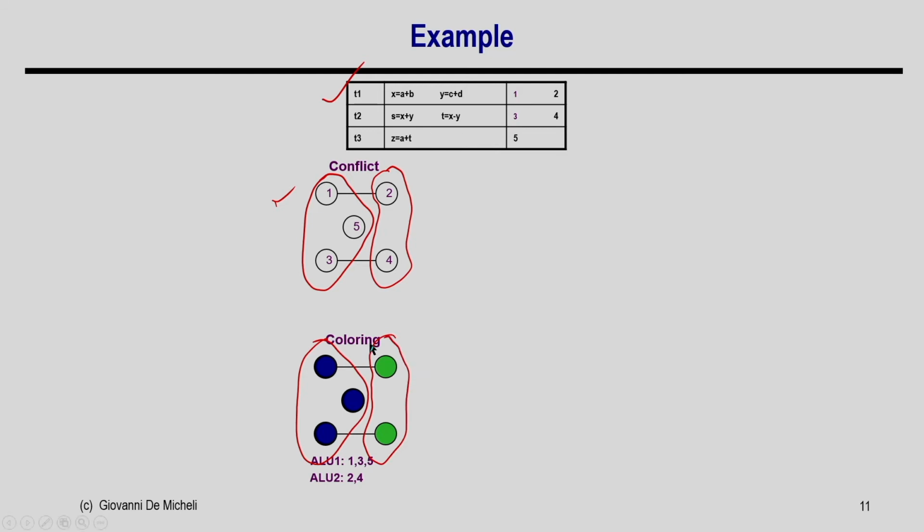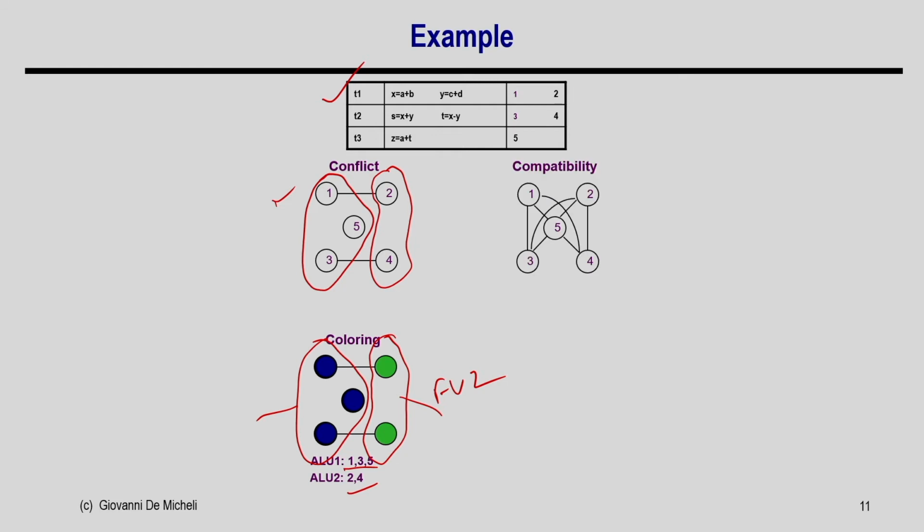So, what does it mean? This is one FU, this is one FU. So, this is FU 1 where operations 1, 3 and 5 are going to execute, and this is FU 2 in which operations 2 and 4 are going to execute. So, this is the graph coloring problem.